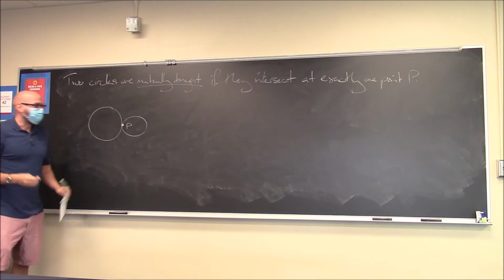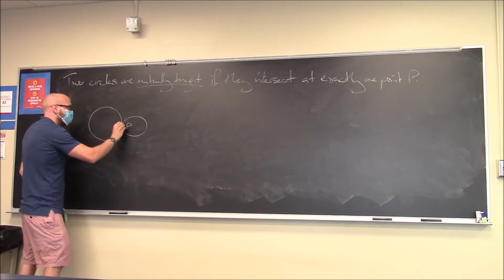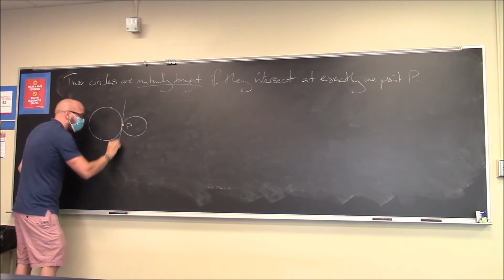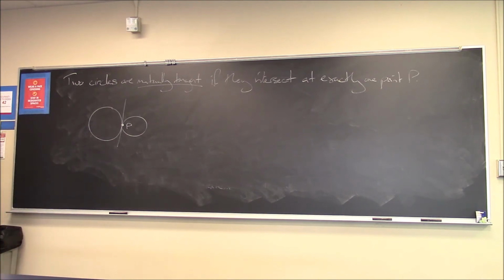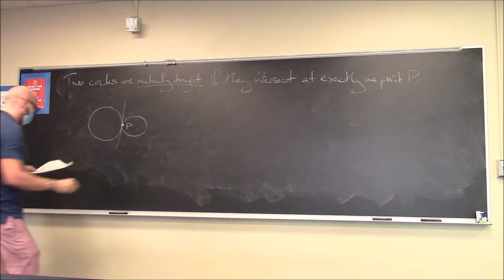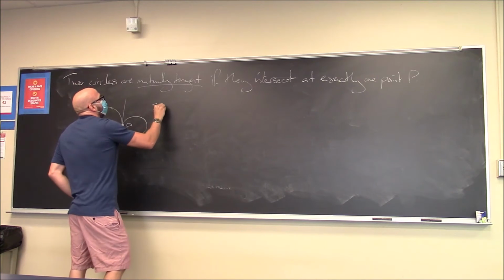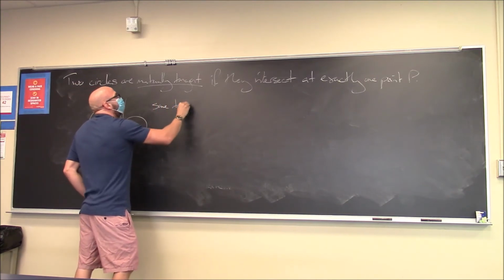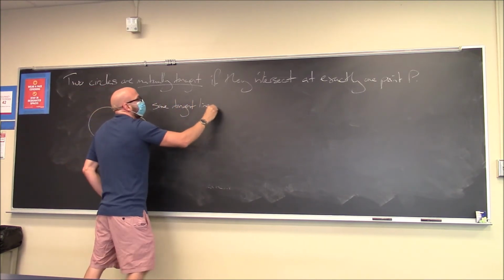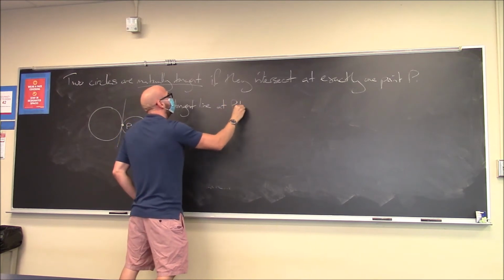They intersect at exactly 1 point, and again, the name mutually tangent comes from the idea that they share the same tangent line. So we have the same tangent line at P.